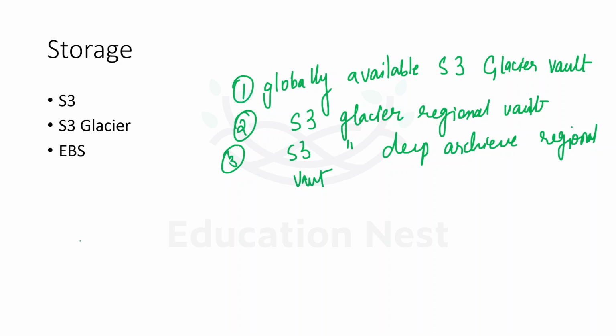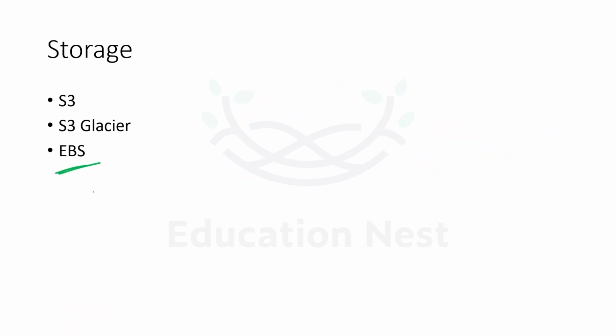Lastly, we have the EBS volumes. For EBS volumes, how can we create the disaster recovery plan? With EBS, you have the feature called snapshots. So what are these snapshots?